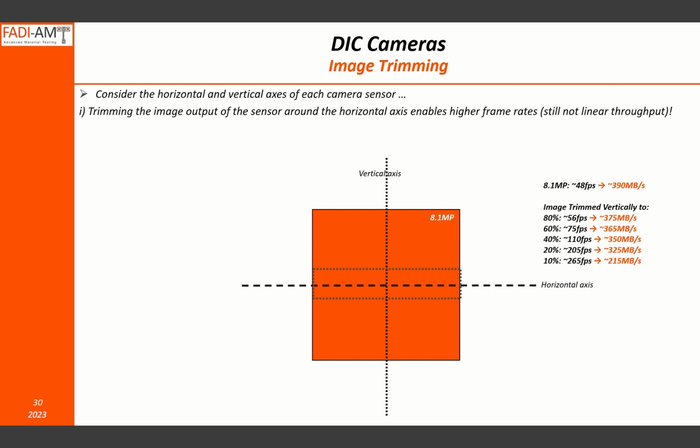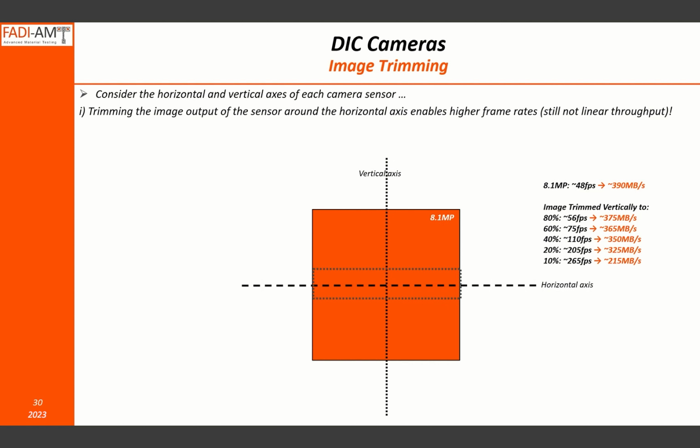Your frame rate will increase as you trim more and more, from 48 to 56 to 75 to 100 to 200 to 265 and so on. And so that is where you can really truly take advantage of your trimming, and it's a practice that we truly encourage, because at least when you trim the image like that, you gain something, and that is basically an increase in the frame rate.